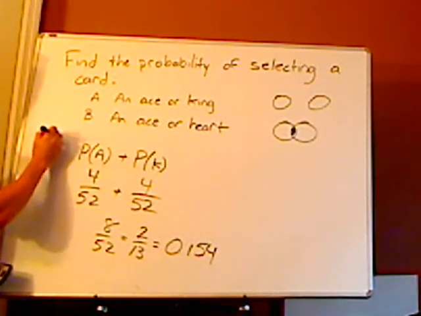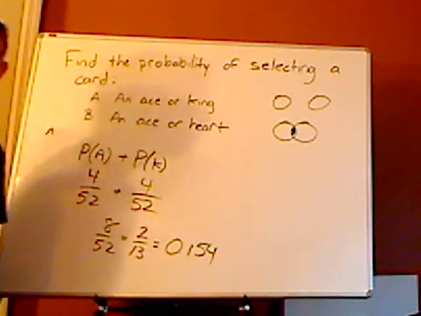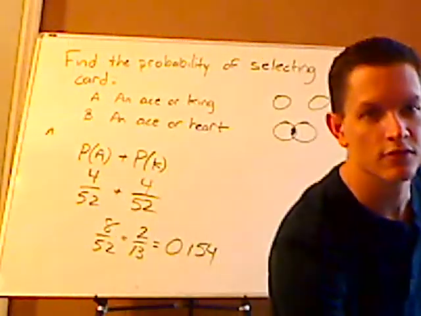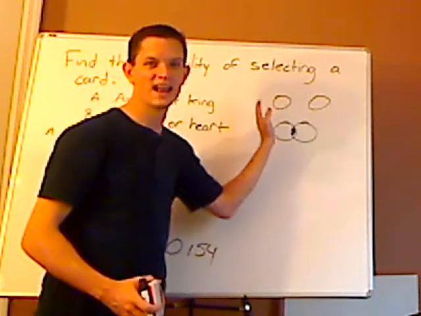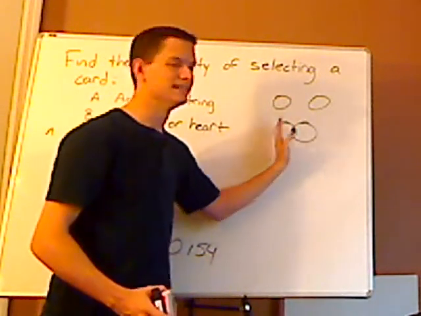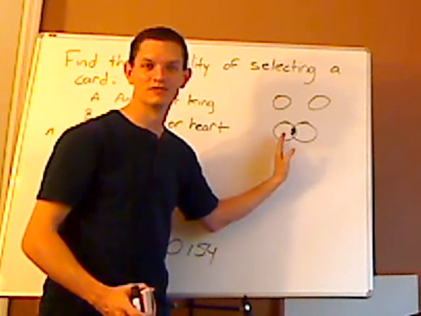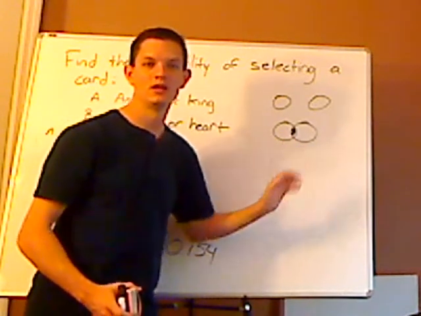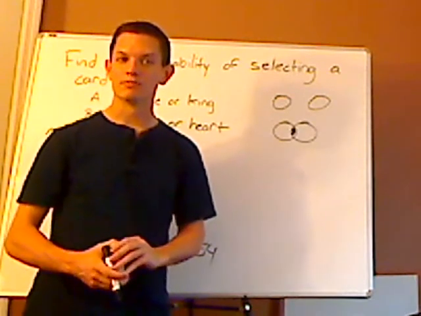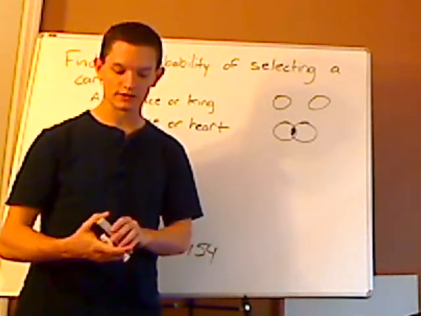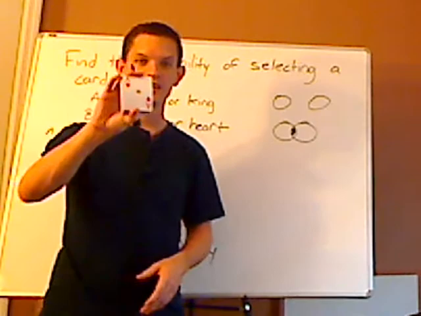That's letter A. For letter B, you want to think through again, is it mutually exclusive? Is there any overlap, or is it not mutually exclusive? I'm looking for an ace or a heart. Is it possible to get an ace of hearts? The answer is yes.